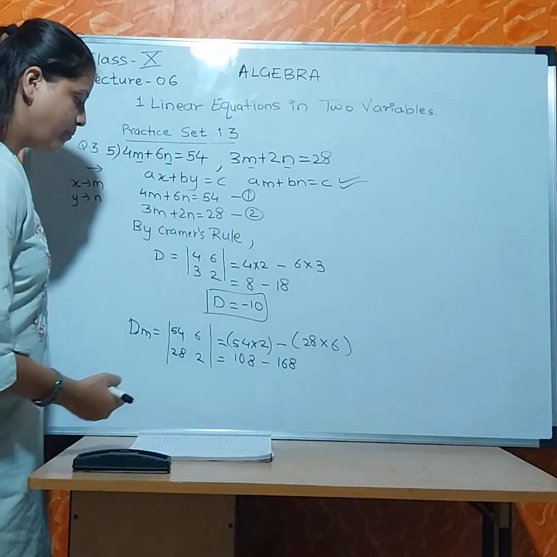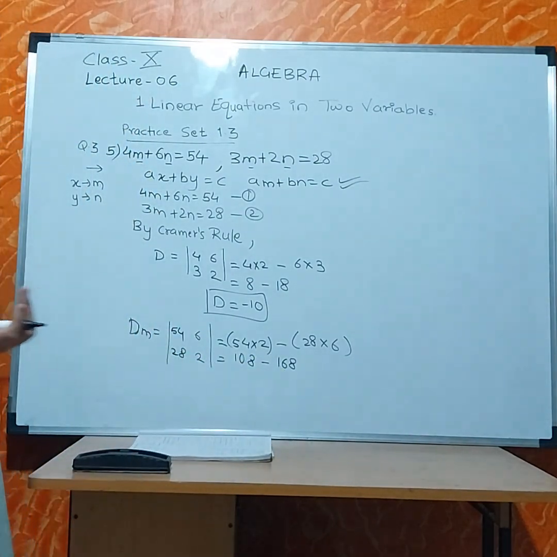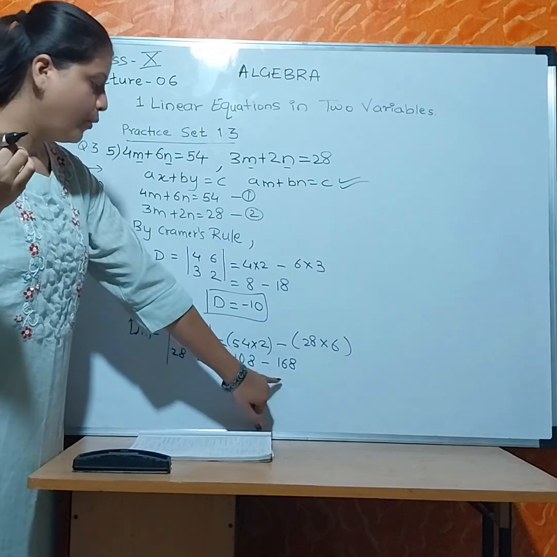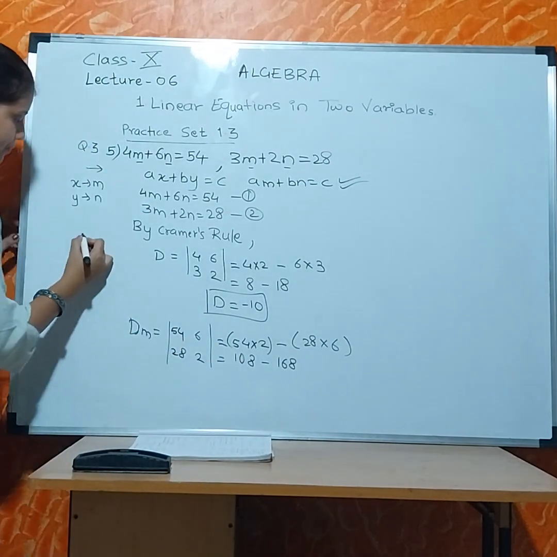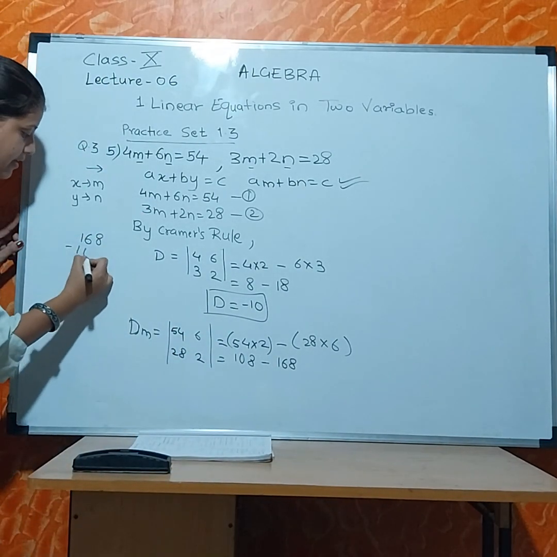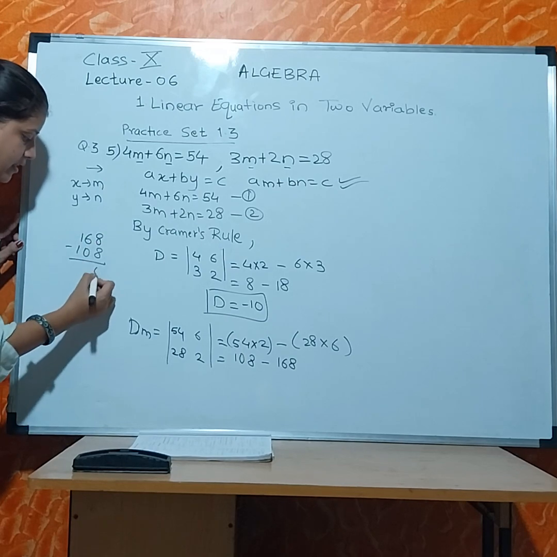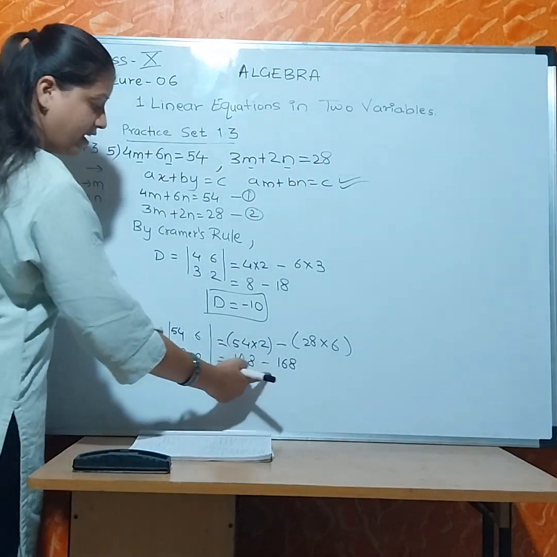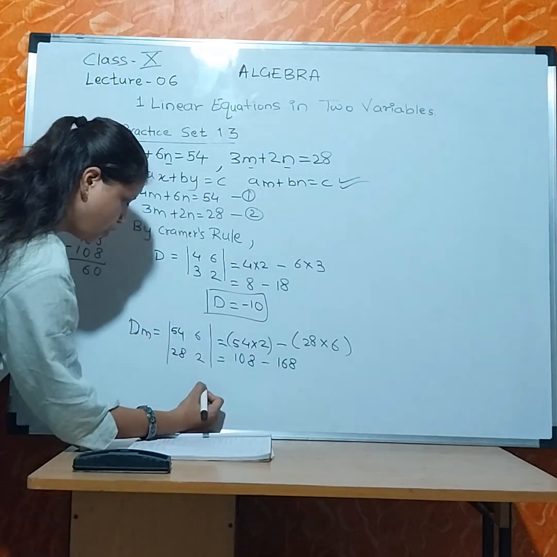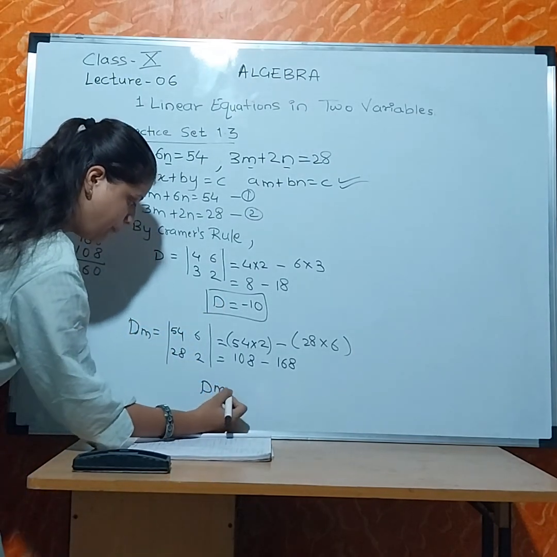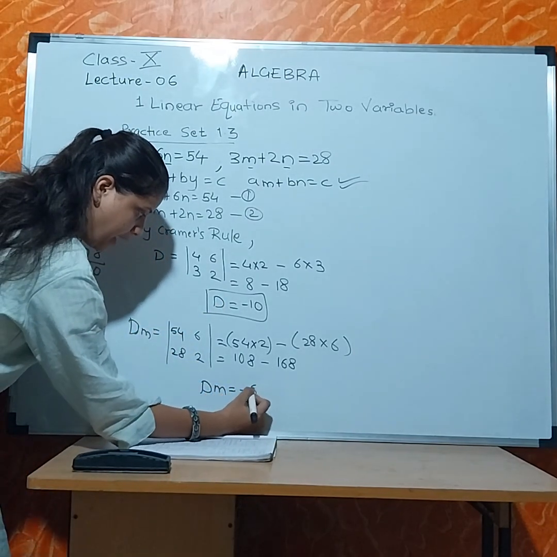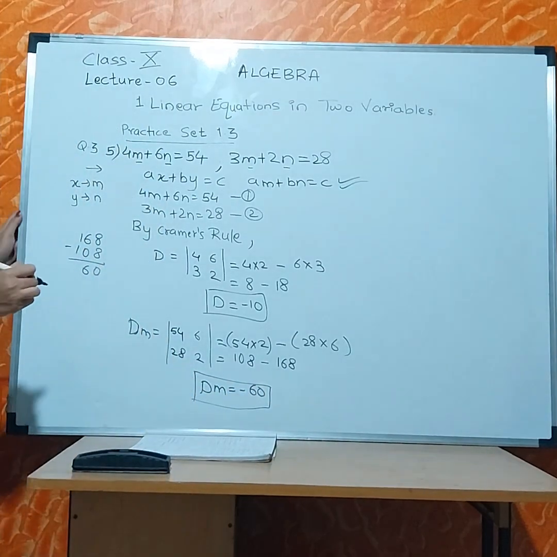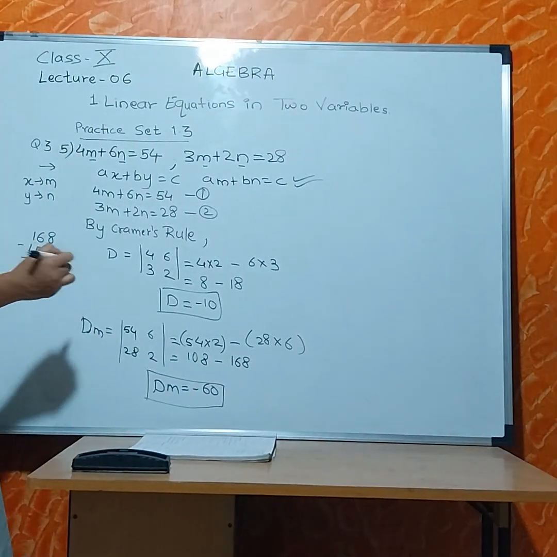So 108 minus 168, which is the greater number here? 168. So we have to perform 168 minus 108. What is the answer? 60. But greater number sign is negative. So the value of dm is minus 60. Understood?